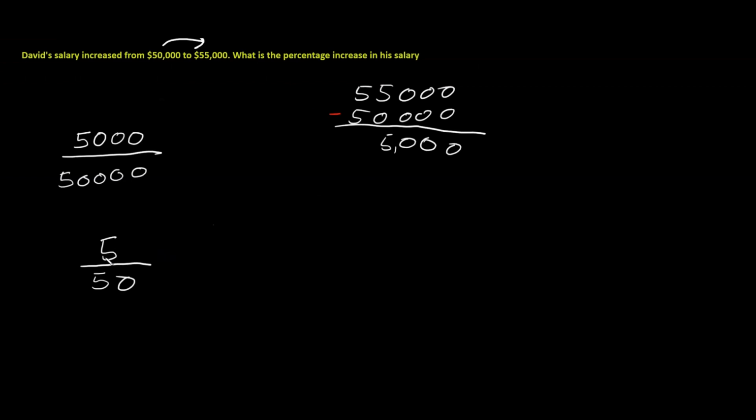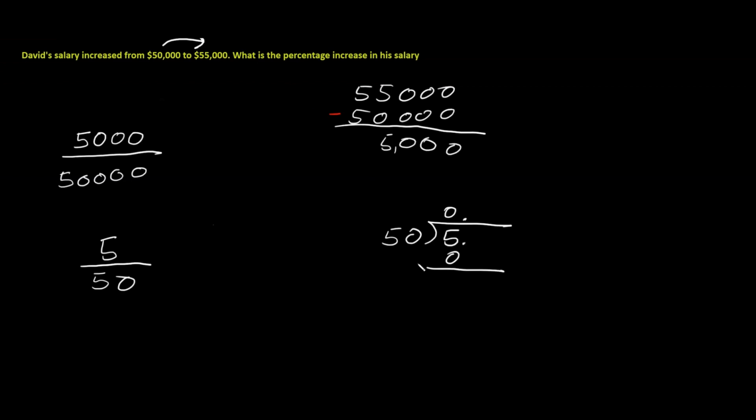So 5 divided by 50, well, we can do that division. Sorry, it's the other way around. We're putting 50 into 5. So this is going to be 0, and then we're going to add a decimal place.